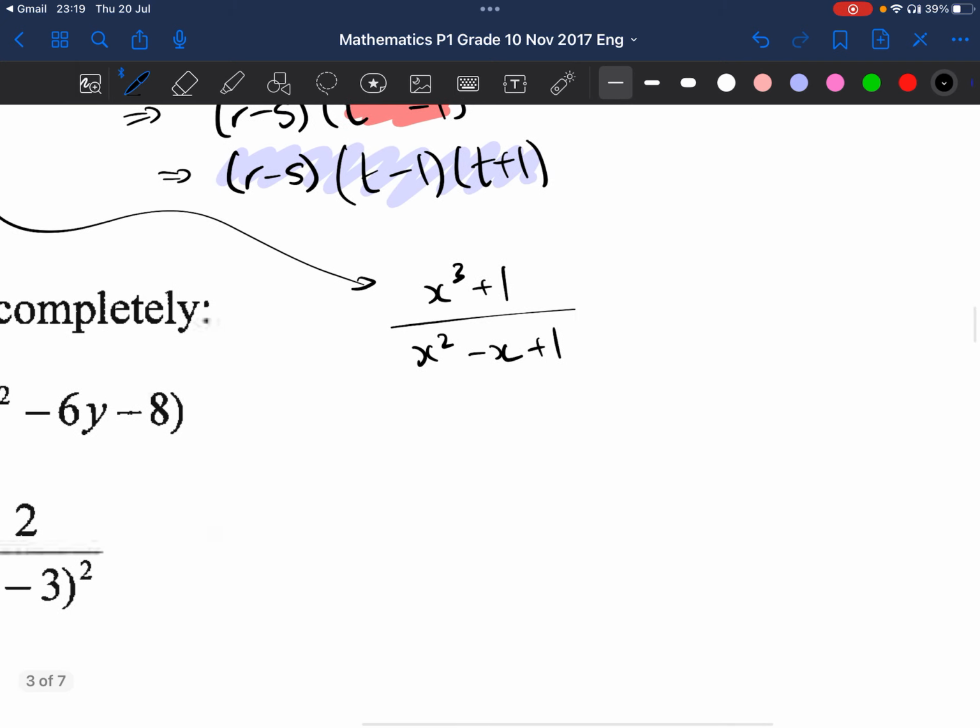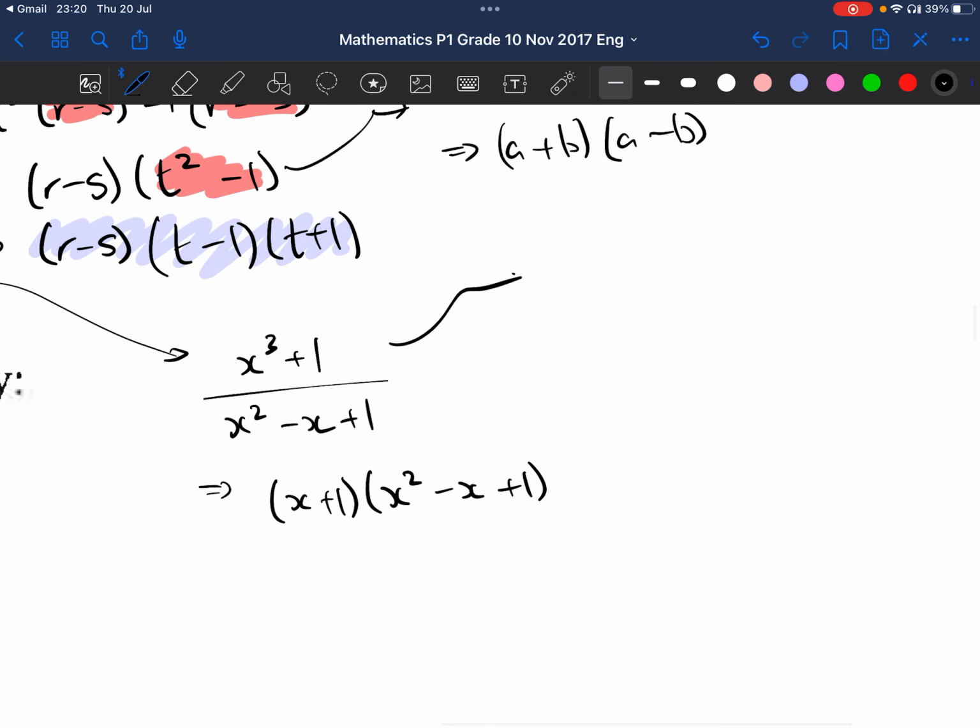Now remember for cubes, if you're adding two cubes, so x cubed again is obviously a cube, and plus 1 is obviously a cube as well, because 1 cubed is 1. We can simplify that there. So we start off by taking the two things and adding them, so x plus 1, and you multiply that by x squared minus x plus 1.